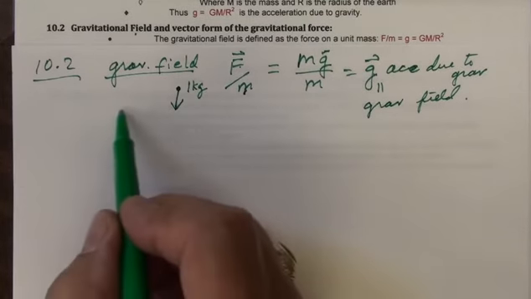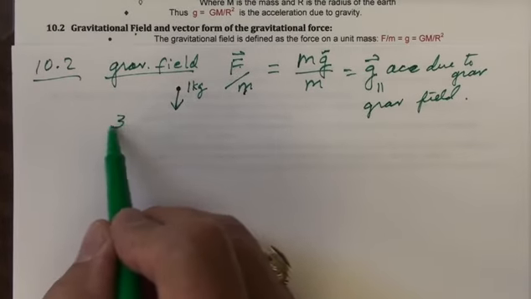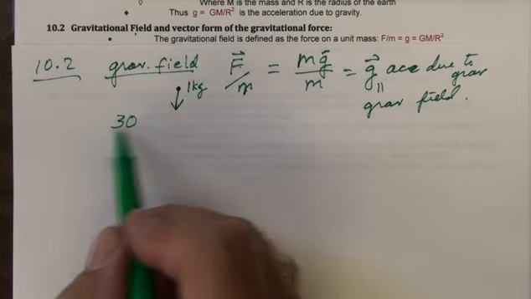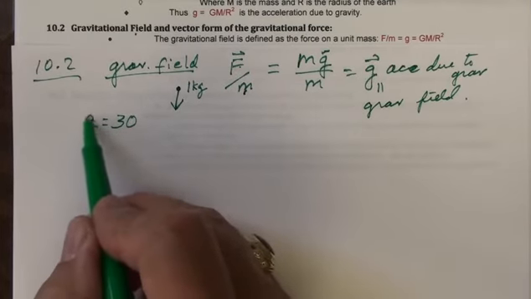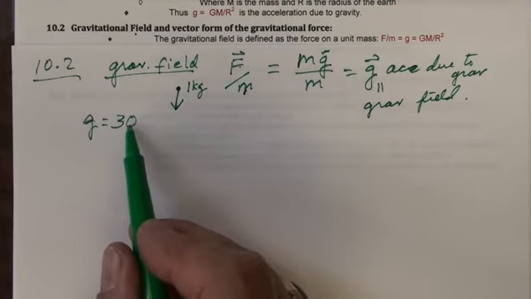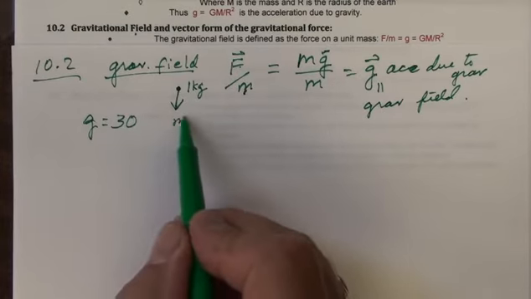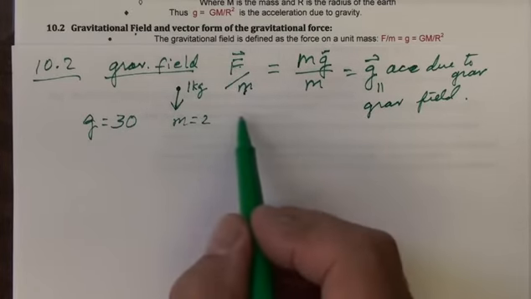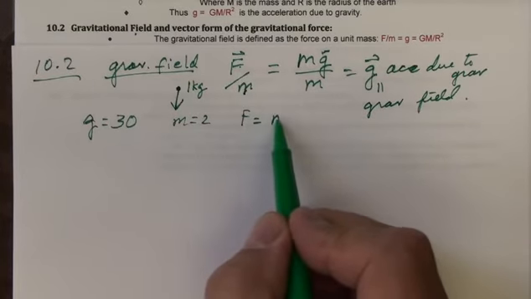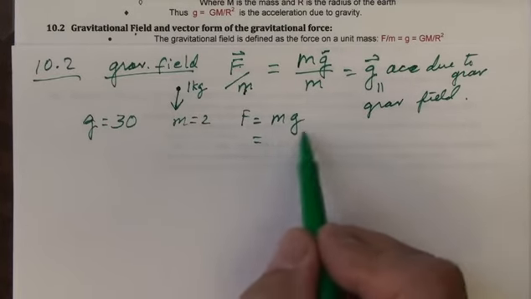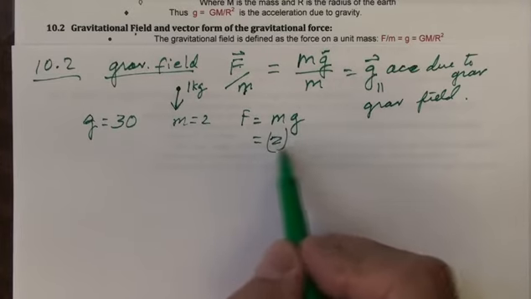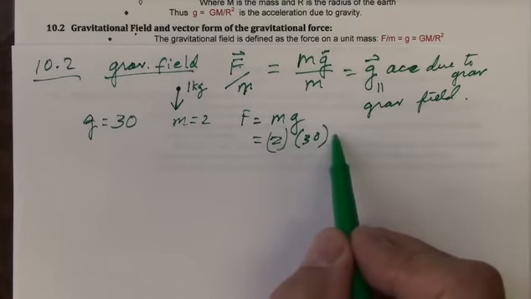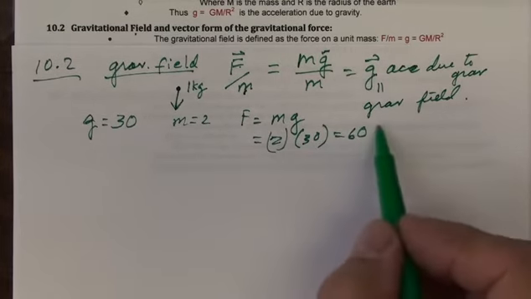So if somebody says the gravitational field is 30 at some point, and then they say, what is the force that a 2 kilogram mass would experience in that field? The answer is the force would be the mass times the gravitational field, or 2 times 30, which is 60. 60 what?